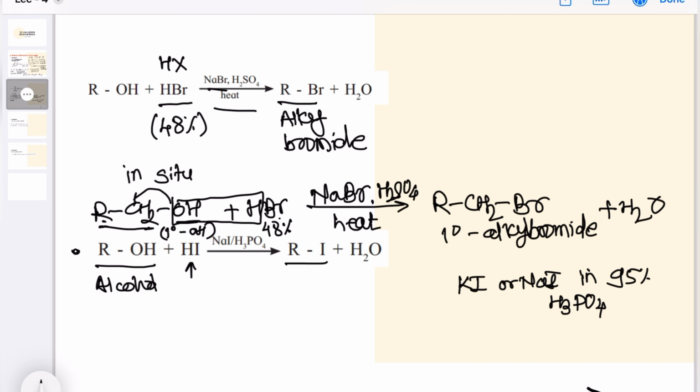Here HI is also generated in situ. That means special conditions. Okay, here ROH, replacement of OH by iodine, then the formation of product alkyl iodide and water molecule.